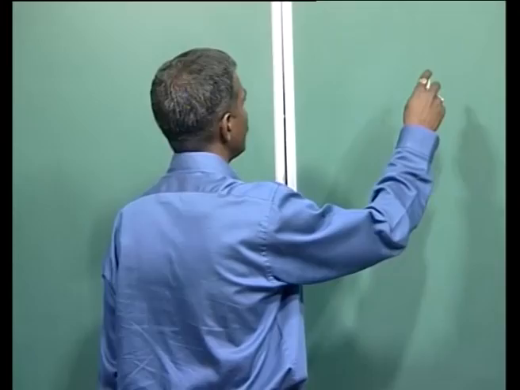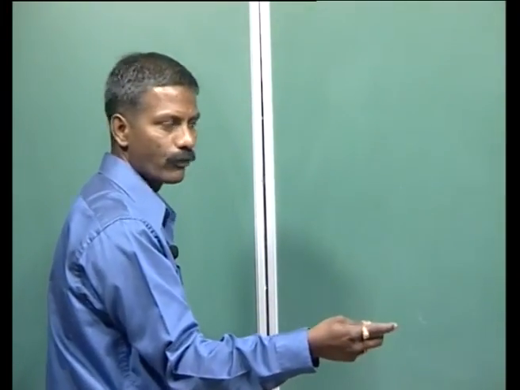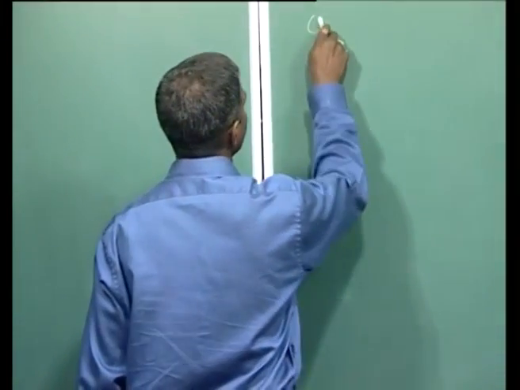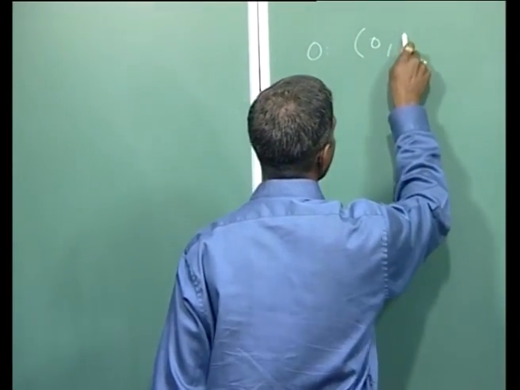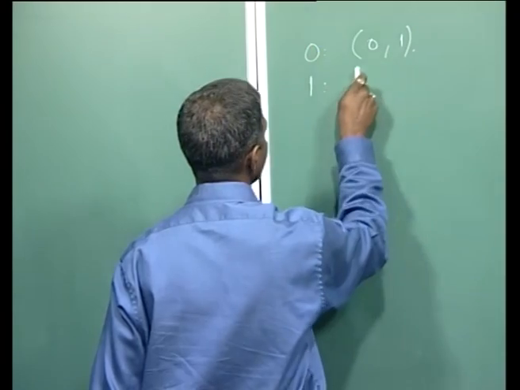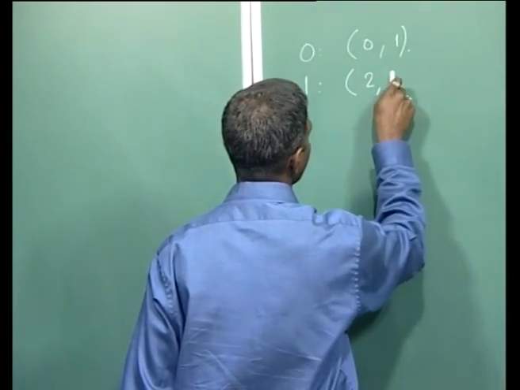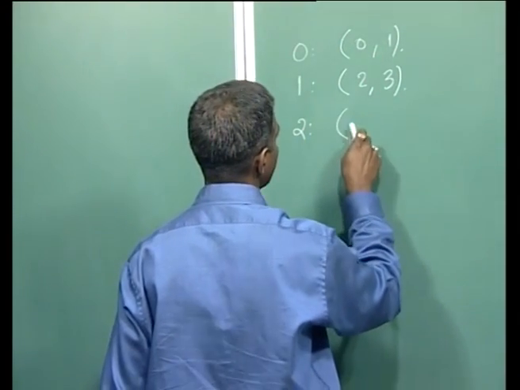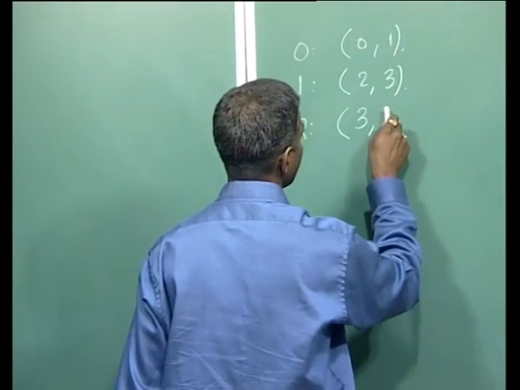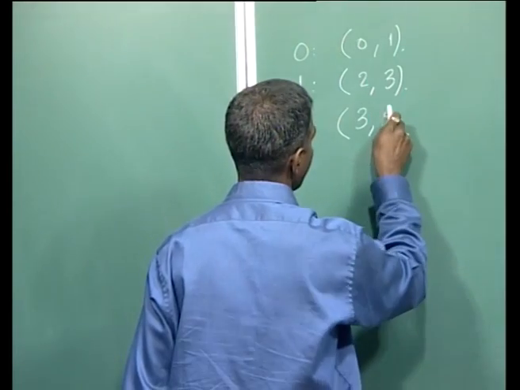Let me make up an example. So say I'm going to use 4 data points. The 0th data point is, let's say, 0, 1. The first data point is, let's say, 2, 3. The second data point is, let's say, 3, 5.